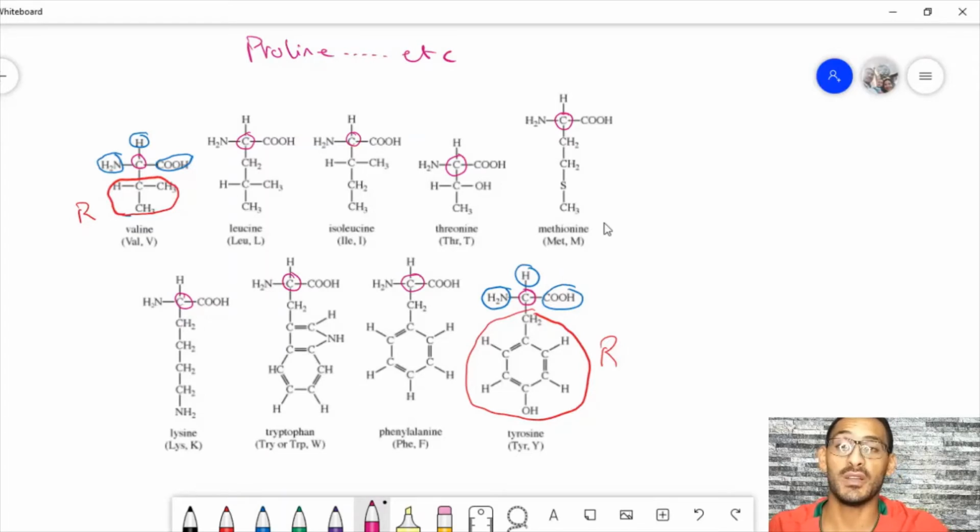These three things are constant. Now, the variable one is the side chain, of course. Okay, that gives us around 20, maybe more than 20 amino acids that form almost every kind of protein that we know. Okay, and of course that what we don't know yet.